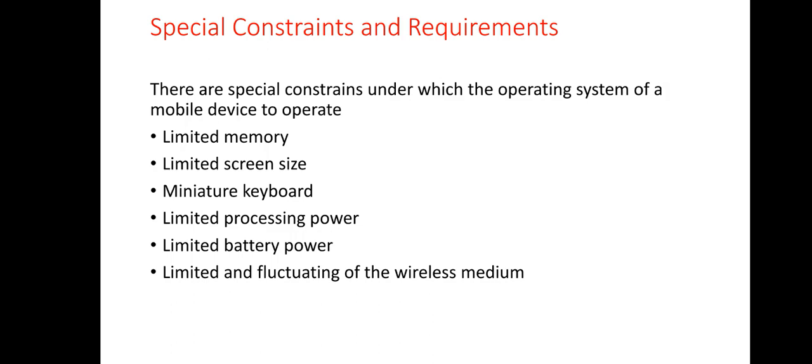Then it has limited processing power. Battery power is limited, which does not matter in a desktop operating system, and it has a limited or fluctuating wireless medium. These are some constraints necessary to properly operate such an operating system.